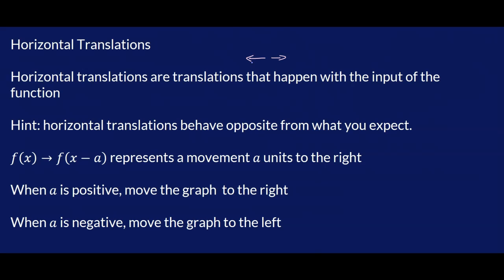For example, if I have f of x and we have a transformation of f of x minus a, this simply means we're going to move a units to the right.